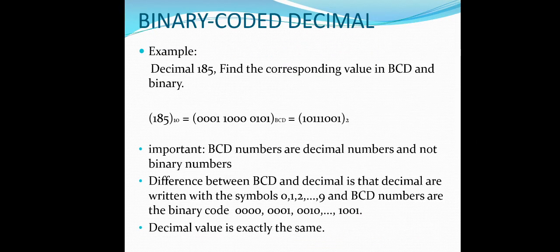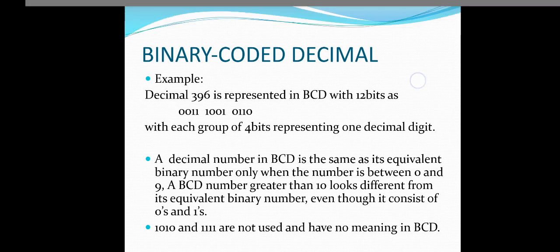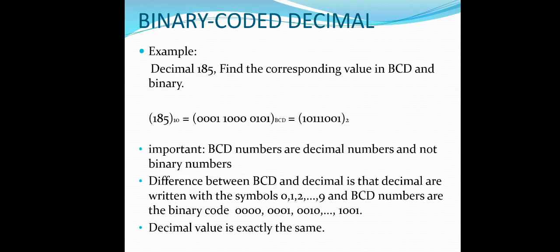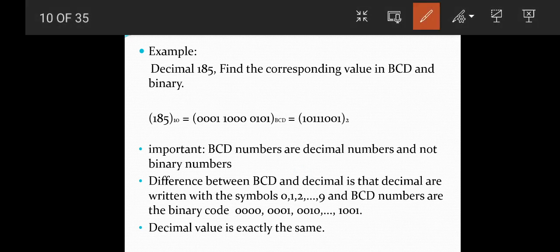So this is another example of binary coded decimal. Another decimal value is 185. You have to get the corresponding value in BCD and in binary.